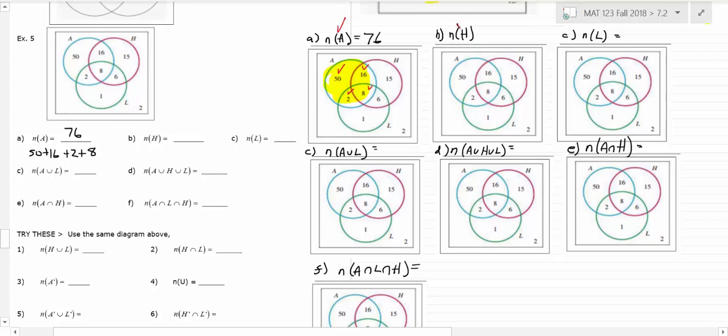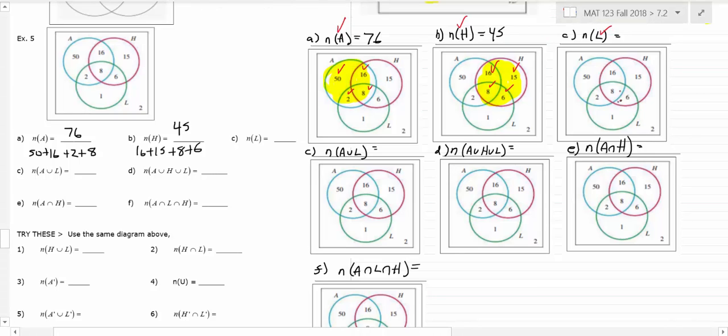The next one, we're going to do set H. That would be the 16, the 15, the 8, and the 6. So you would add those numbers together. On that one, we just do 16 plus 15 plus 8 plus 6. And I think that is 45 is what you would get there. Then the next one, same idea.